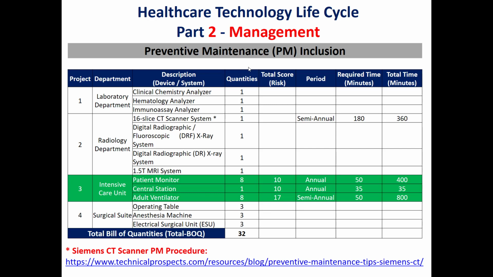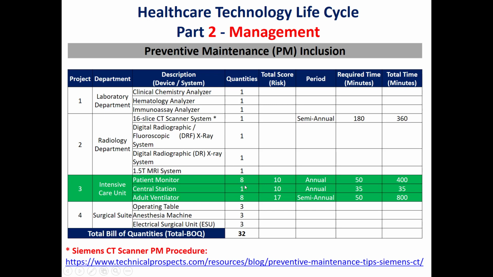As we said before, there are many other activities, like for example, the acceptance testing, the check-up for the PM inclusion or exclusion. This will be applied also for the MRI machine or any other machine. Here is an example for the preventive maintenance inclusion or exclusion.